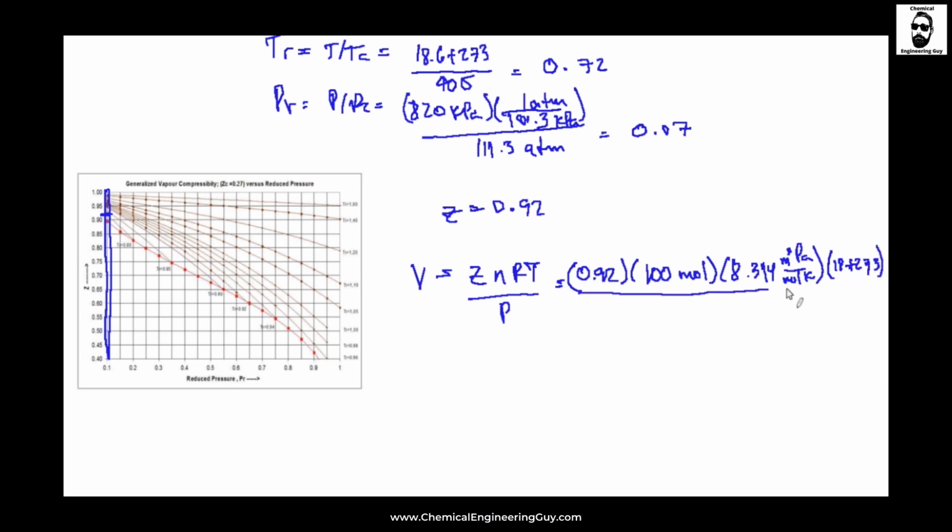All these divided by pressure. Where's the pressure? It's 820 times 10 to the 3 pascals. My volume, it's volumetric flow, it's equal to 0.271 cubic meters of NH3. And yeah, that's the first one, letter A, we need.